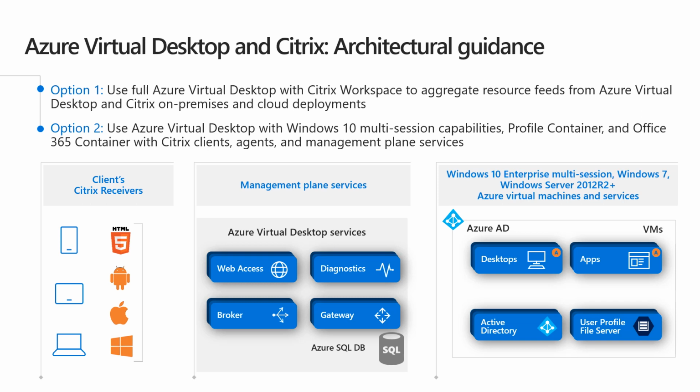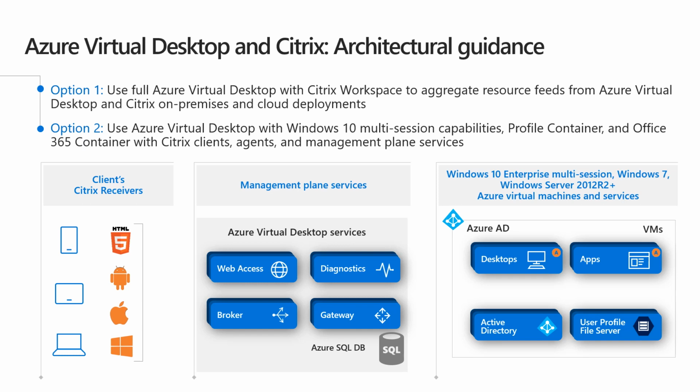The box on the right contains the virtual machines and surrounding Active Directory, file server and user profile solution, FSLogix or Citrix UPM. And the box in the middle is the management plane that manages the connections between clients and virtual machines in Azure. It also provides PowerShell and REST interfaces to configure published apps and desktops and monitor and troubleshoot issues, for example.